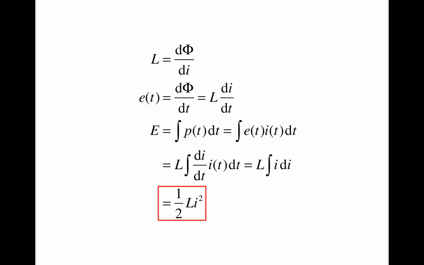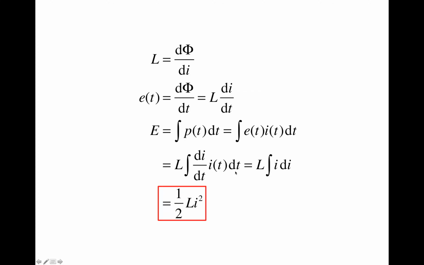The energy stored in an inductor is again the integral of power over time. Power equals voltage times current. If we bring the expression for voltage into this integral, voltage equals inductance times di over dt, then multiply by I and integrate over t.